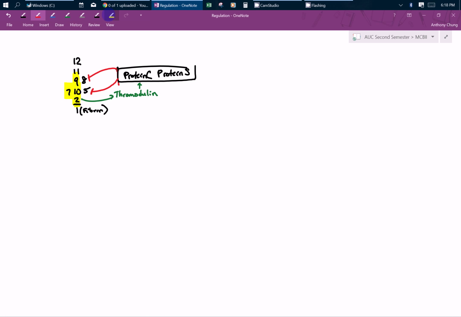I need to tell you that protein C was the other enzyme that required calcium in order to work. So that gives us the full list of factors 9, 7, 10, 2, and protein C that require vitamin K and calcium.